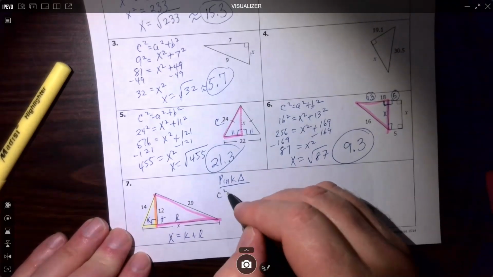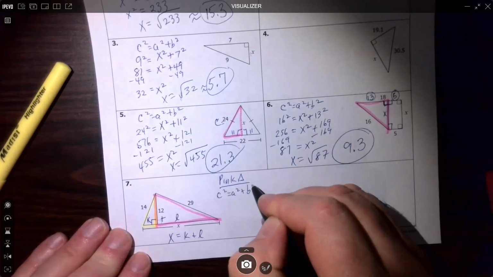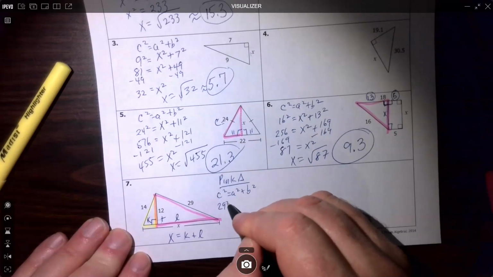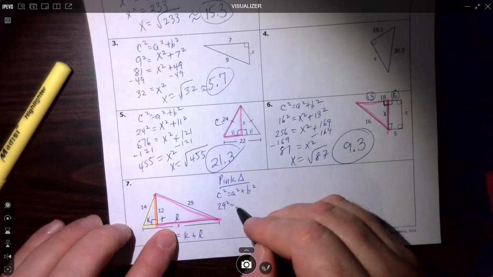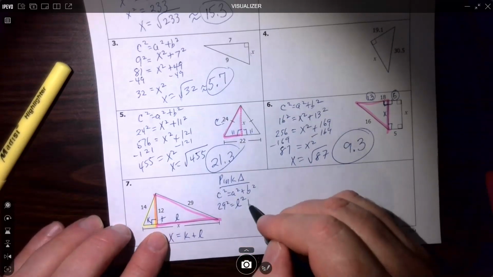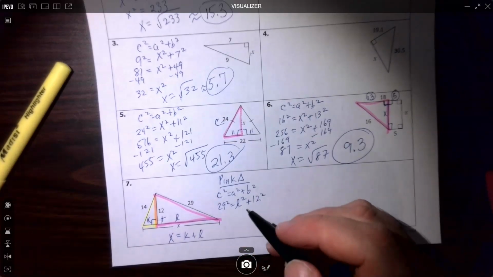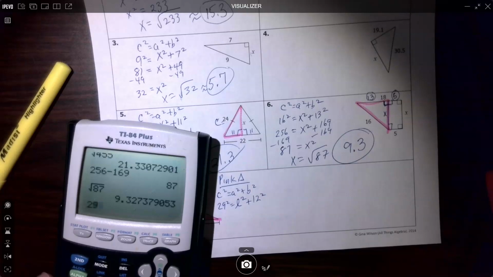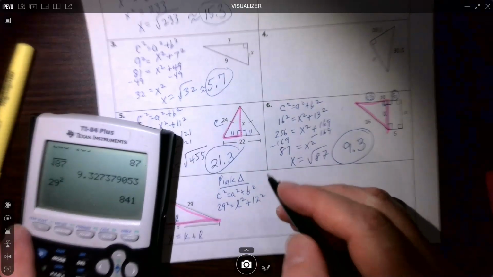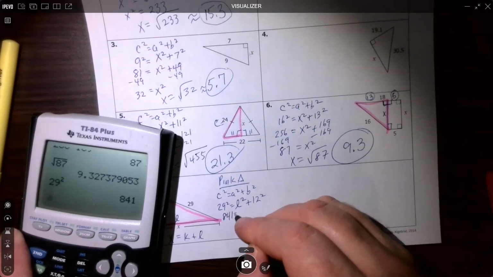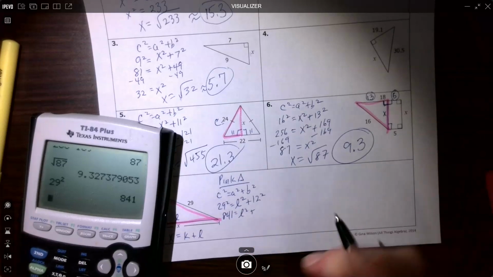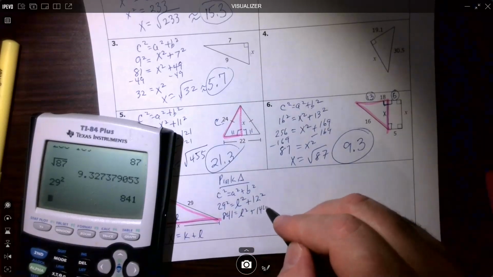So I'm doing c squared equals a squared plus b squared. c squared is 29 squared. a squared is L squared, the variable I don't have, plus b squared, which is 12 squared. 29 squared is 841. L squared I'm going to leave alone, and 12 squared is 144.